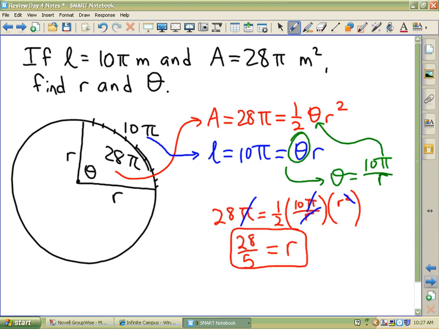Need a theta. How are you going to get a theta? Stick it in. So theta is 10 pi over 28 fifths.